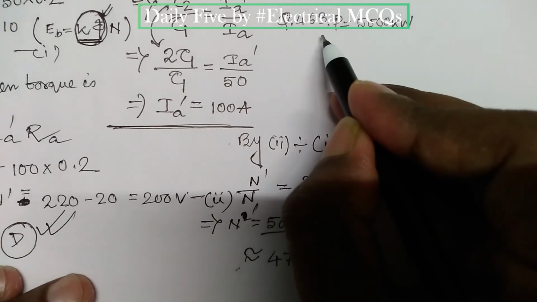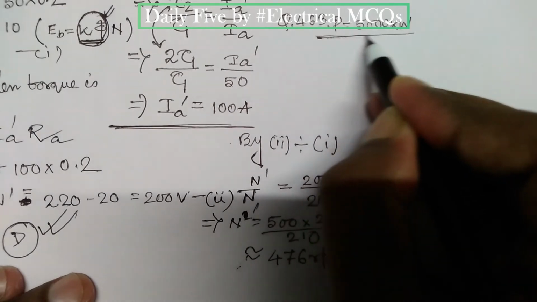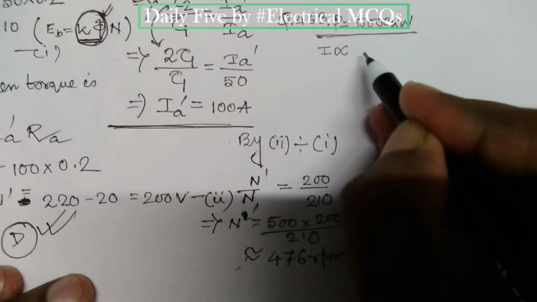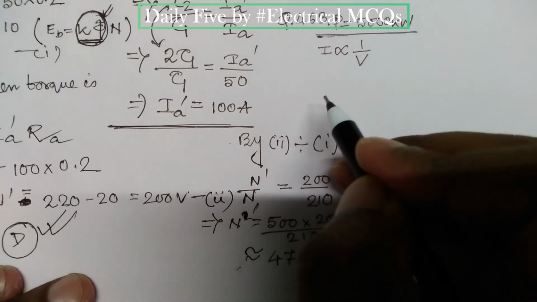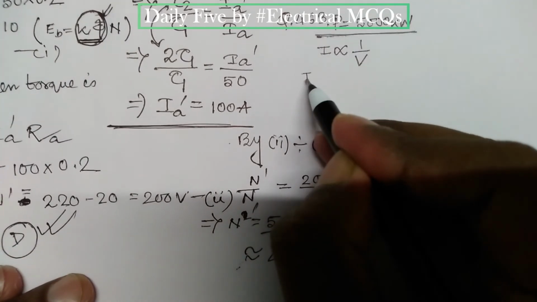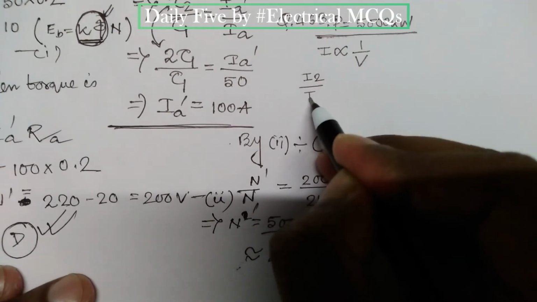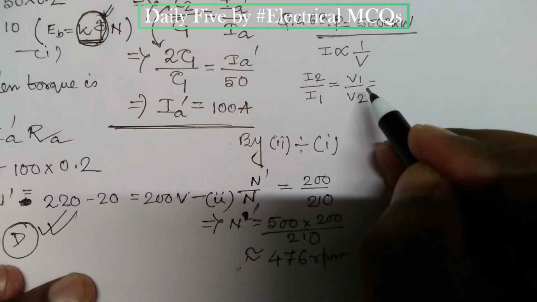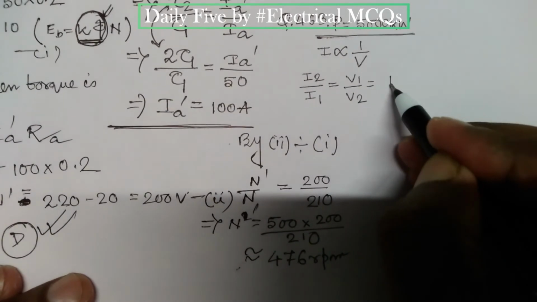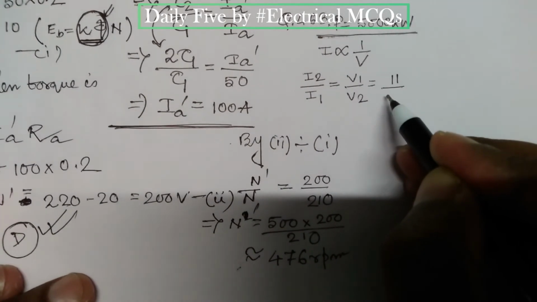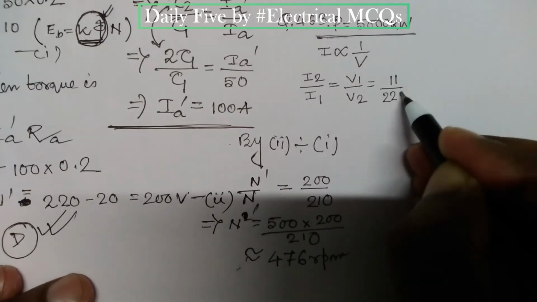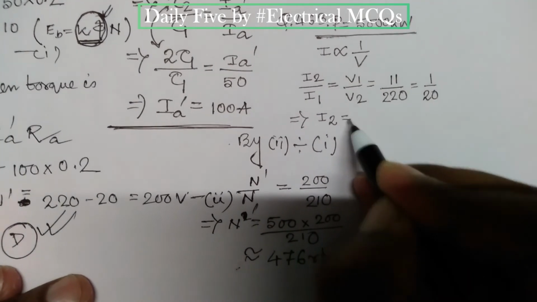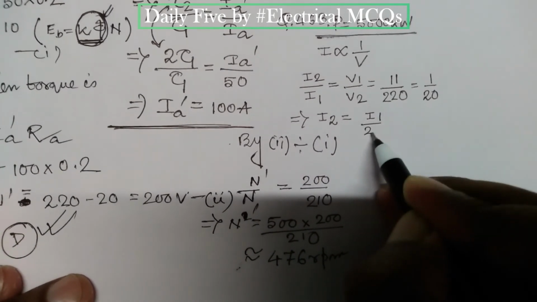Now you know that for a fixed power and considering a given load, the current is inversely proportional to the voltage at which it is supplied. So I2 by I1 will be V1 by V2. Now initially the voltage was 11 kV, and finally we are trying to transmit it at 220 kV. So I2 equals I1 by 20.